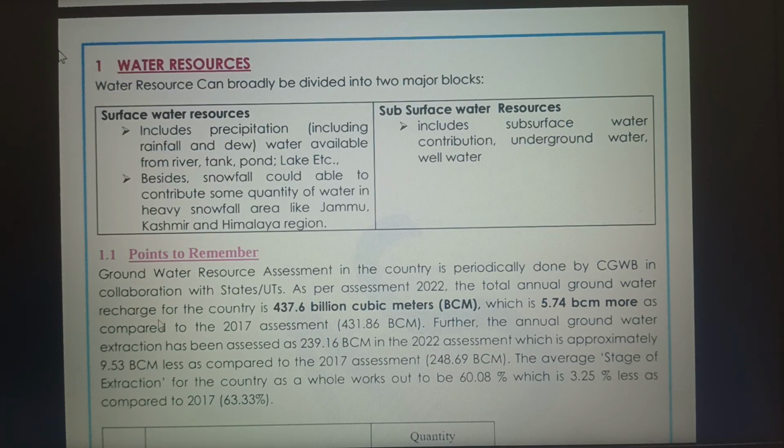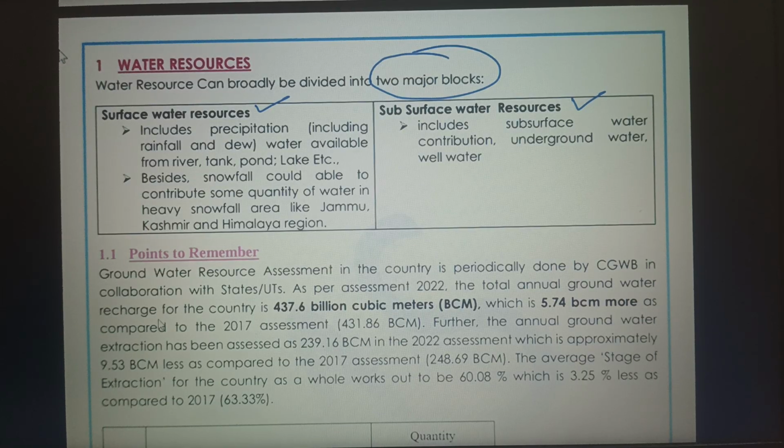Now when we talk about water resources, from where is this water coming? That should be clear in your mind. Water is coming majorly from two resources. The first is surface water resources and the next is subsurface water resources. They are lying on the surface, or they are available below the surface.